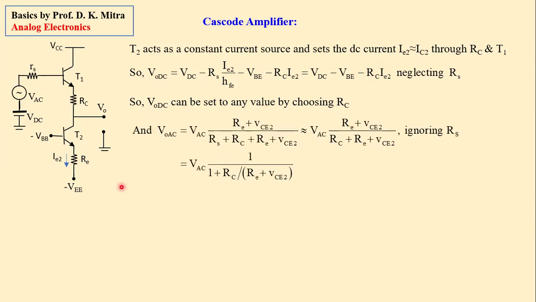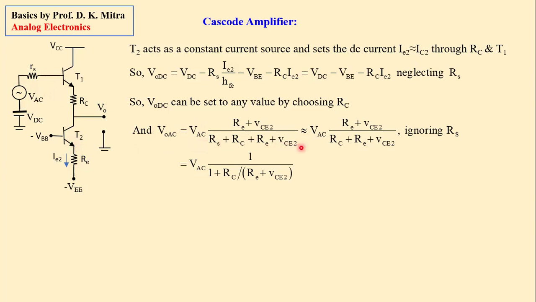Now, so far as the AC signal is concerned, this output AC signal here is input AC divided by all the resistances RS plus RC plus RE plus the emitter collector potential drop VCE2 here.